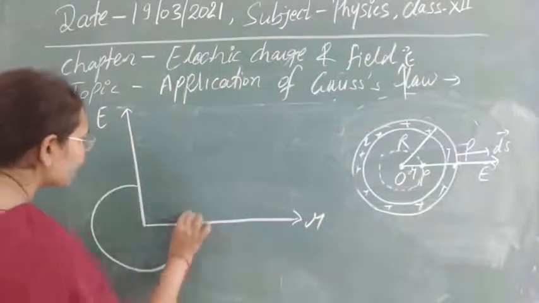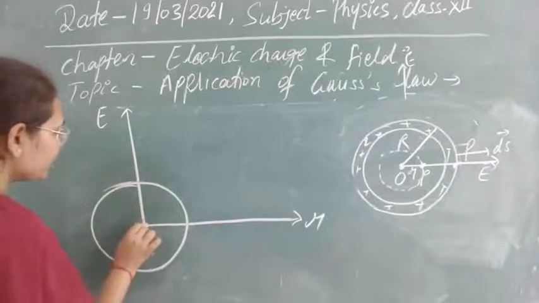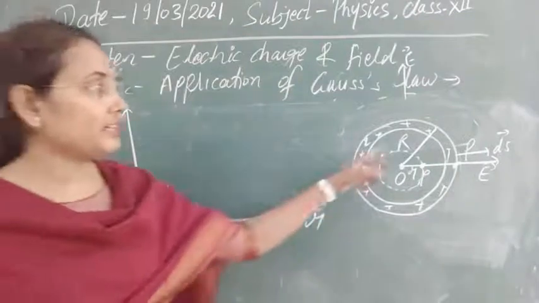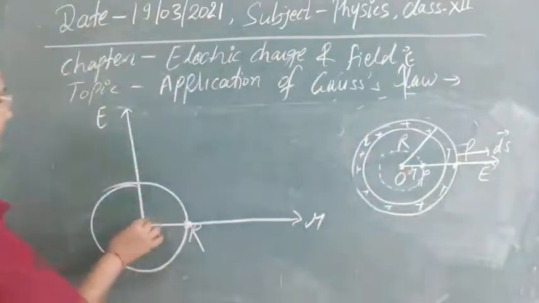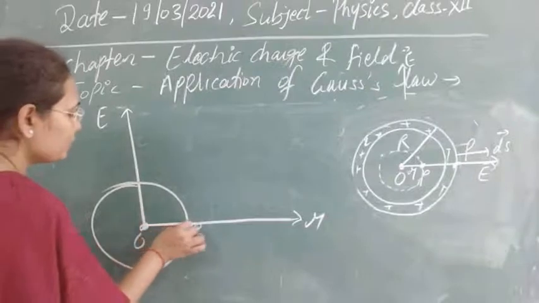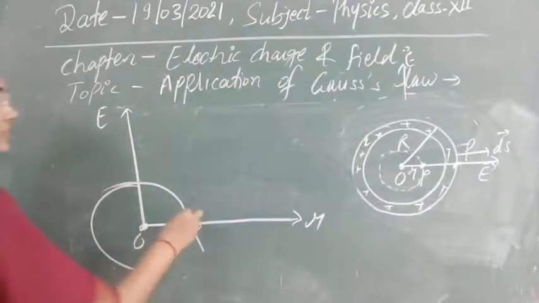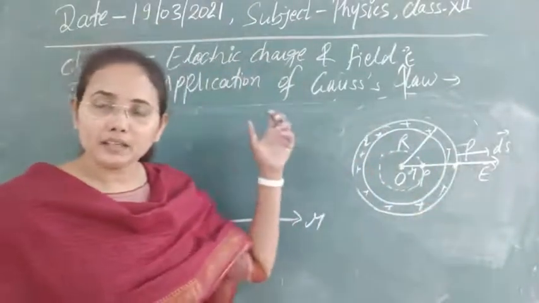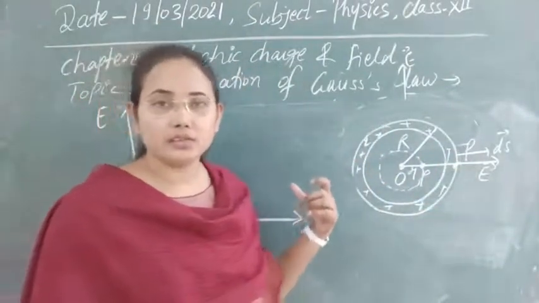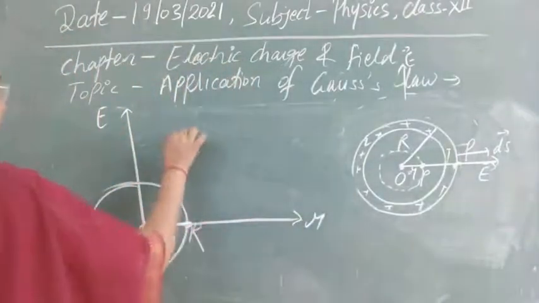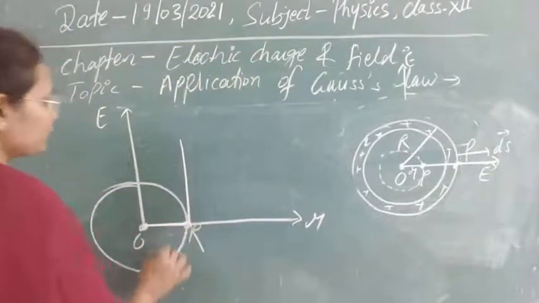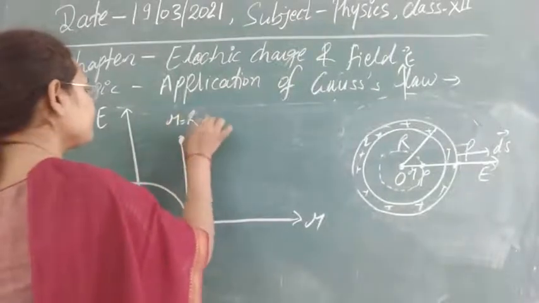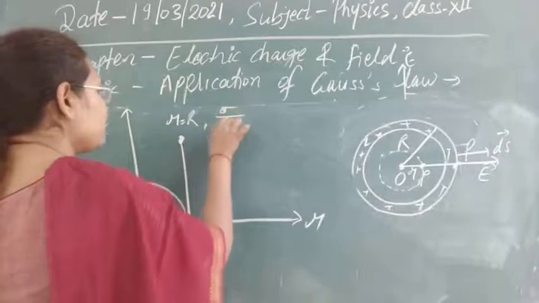This is our spherical cell, this is its center, and this is the radius of the spherical cell, capital R. Inside, as the electric field is 0, as we have calculated, the graph is like this, and at the surface the electric field suddenly becomes sigma upon epsilon 0. That is the maximum value, at r equal to R.